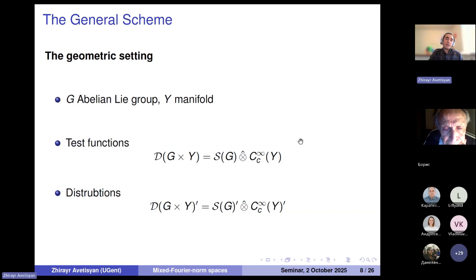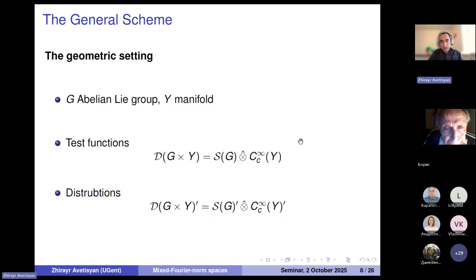These are neither Schwartz functions nor the standard compactly supported functions. It is a mixture. So this is essentially the space of test functions which are of rapid decay in the group directions, so to speak, and of compact support in the other, in the irrelevant, so to speak, directions.